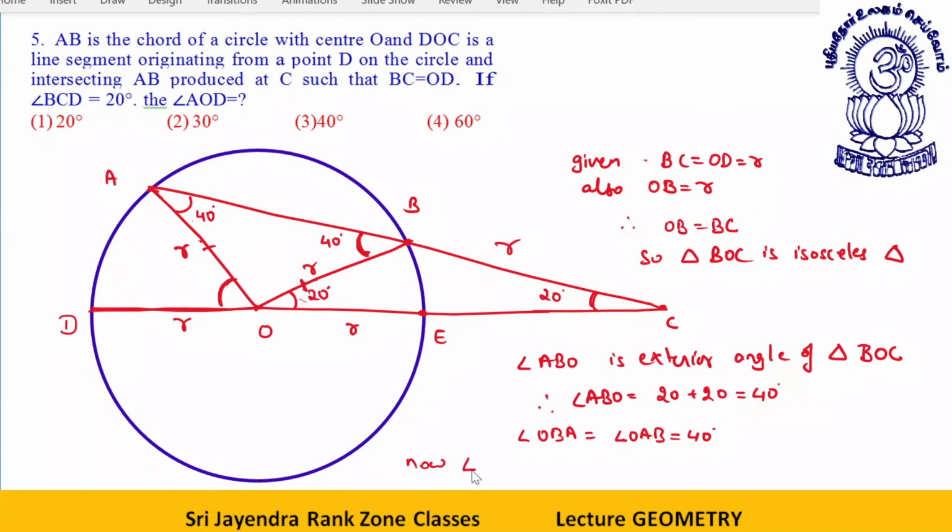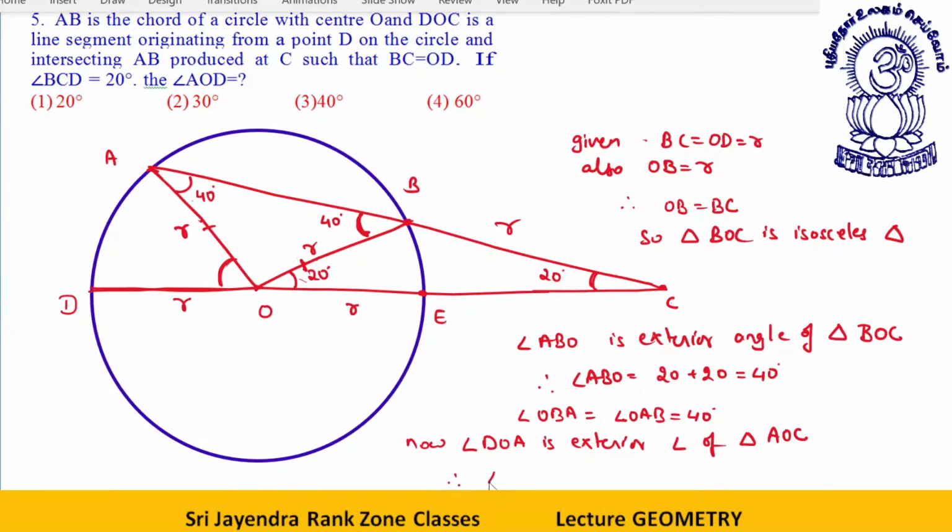Now angle DOA is exterior angle of triangle AOC. Therefore, angle DOA or AOD, as being asked, AOD will be equal to what?